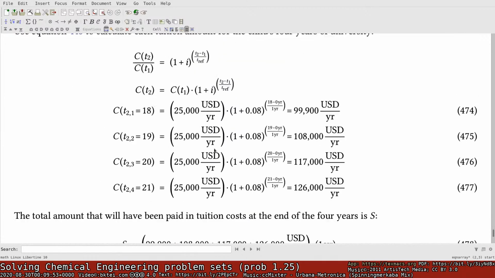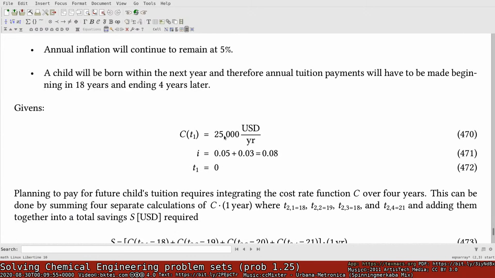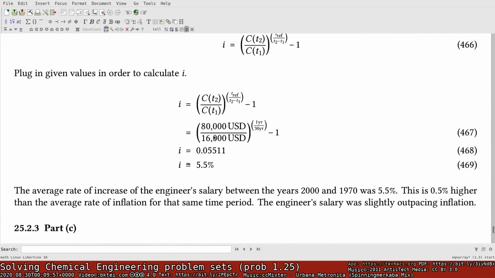Did I solve for time earlier? I thought I did.